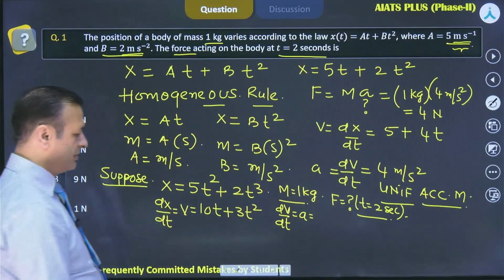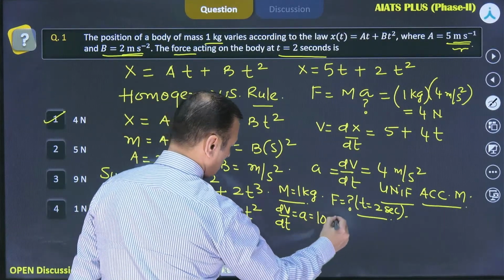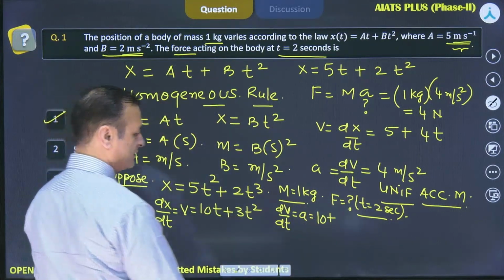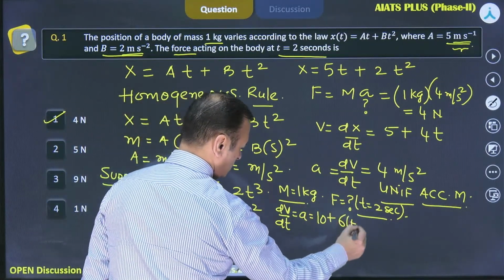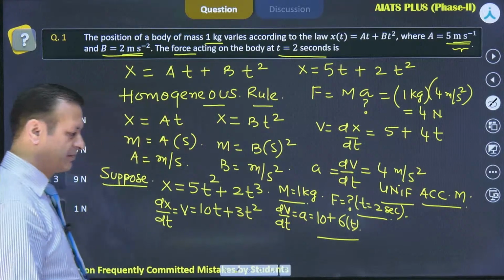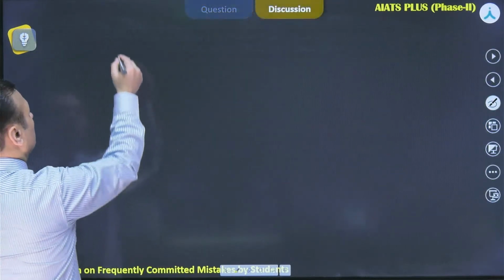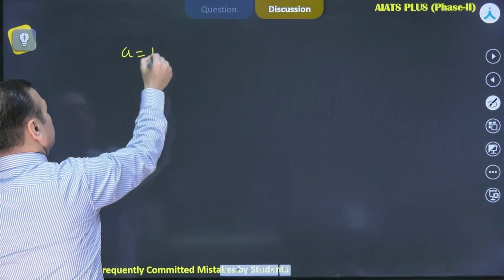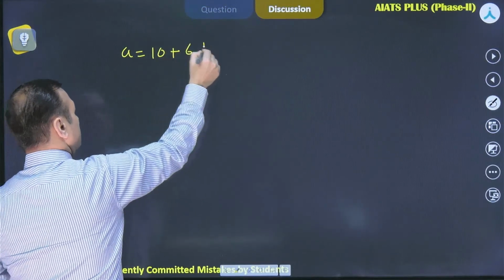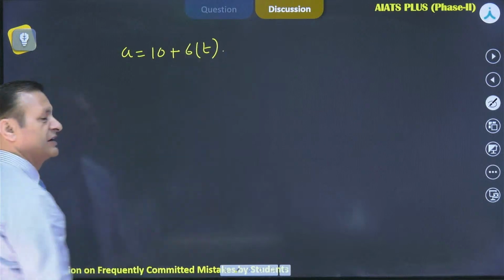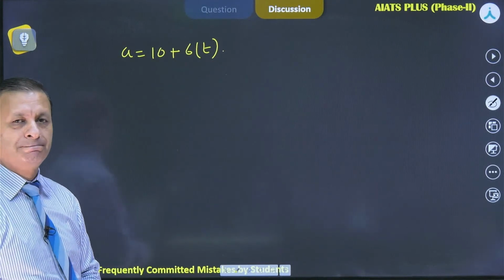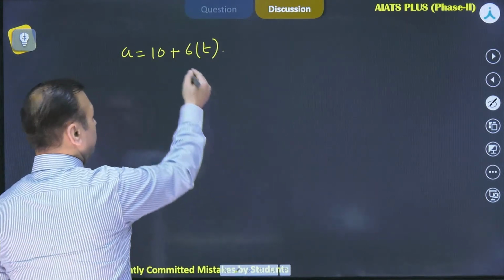So what does the acceleration become? 10 plus 6t. So your acceleration is 10 plus 6t. Now look at this.